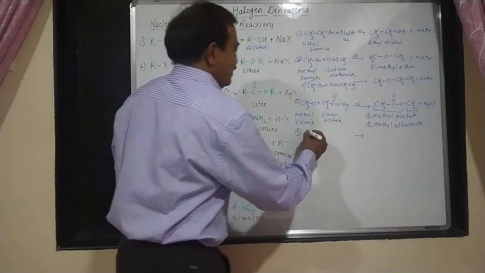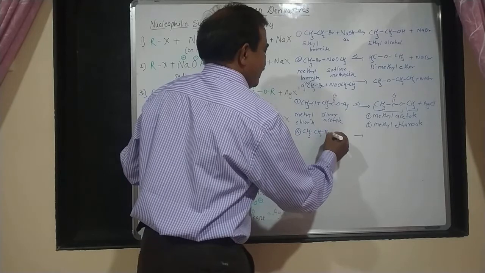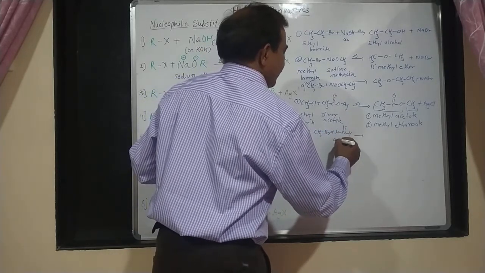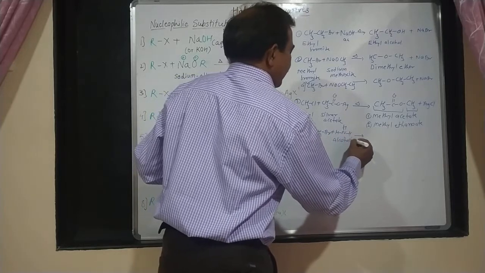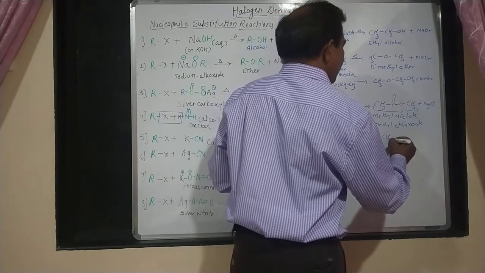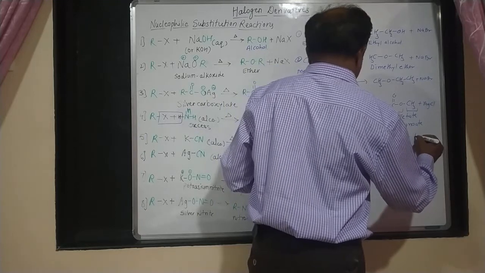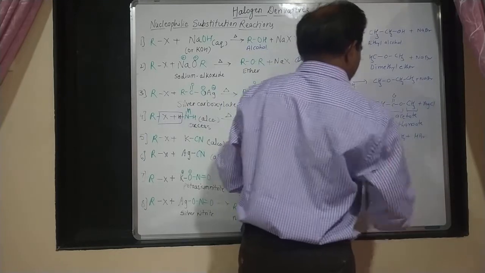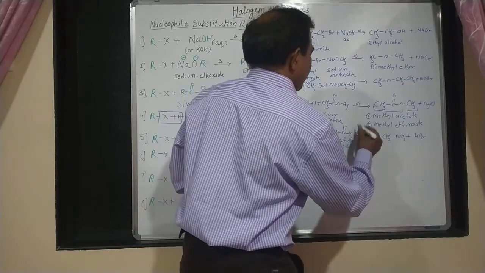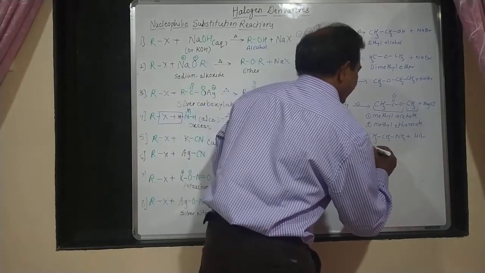So I take, suppose, CH3CH2Br plus alcoholic ammonia, and we get CH3CH2NH2 plus HBr. You have to take ammonia in excess and heat this. So which amine is prepared? Ethylamine.